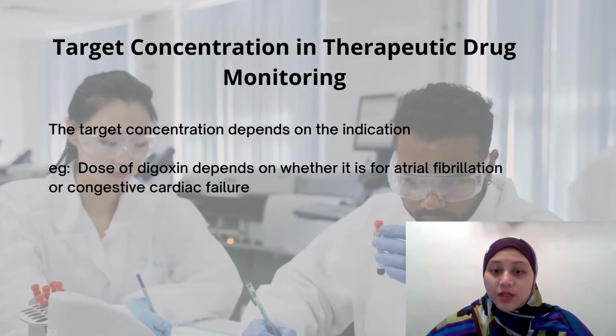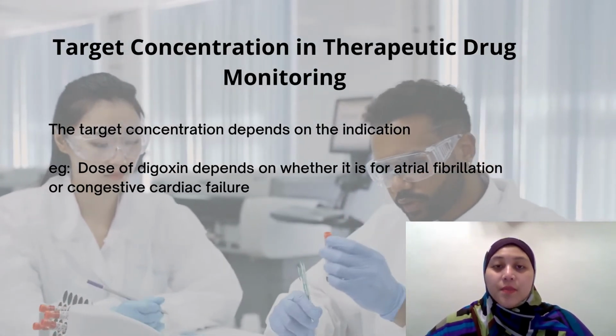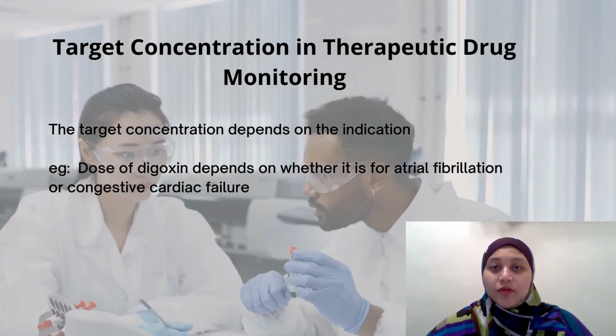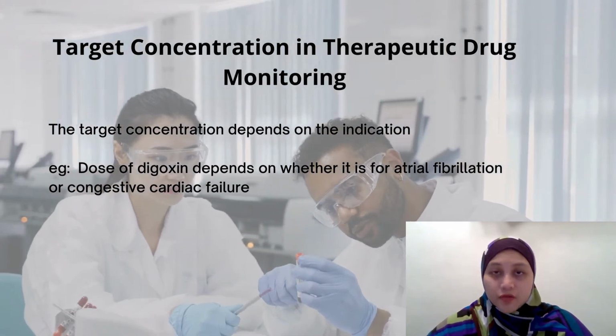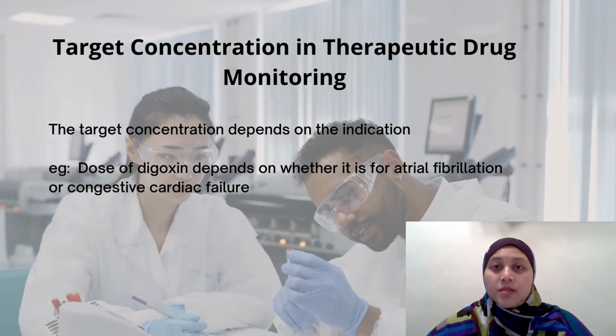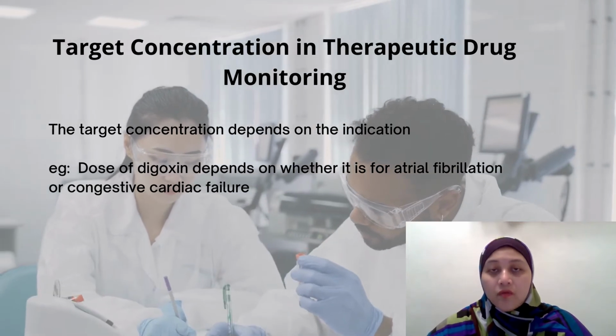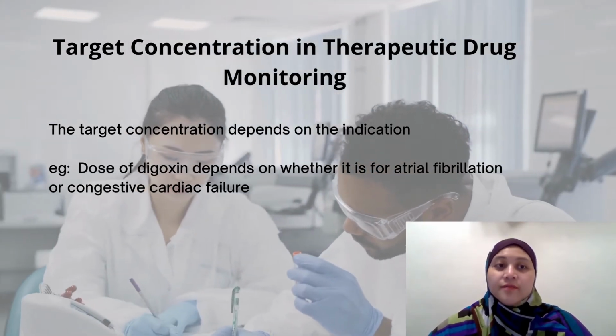Now, the target concentration in therapeutic drug monitoring depends on the indication for which the drug is used for the treatment. For example, the dose of digoxin depends on whether it is being used for atrial fibrillation or for congestive cardiac failure.